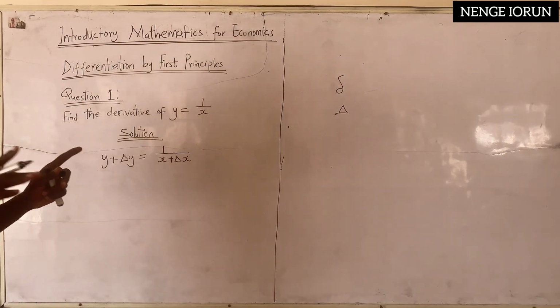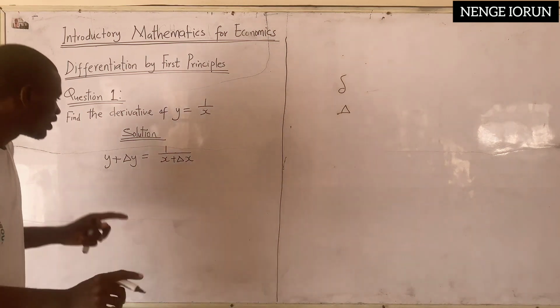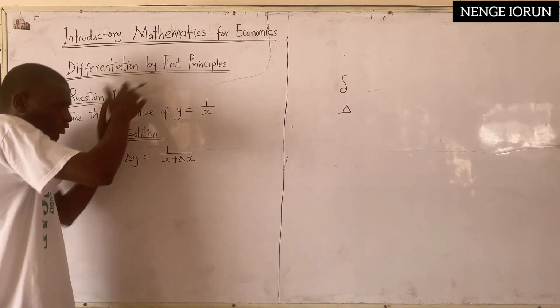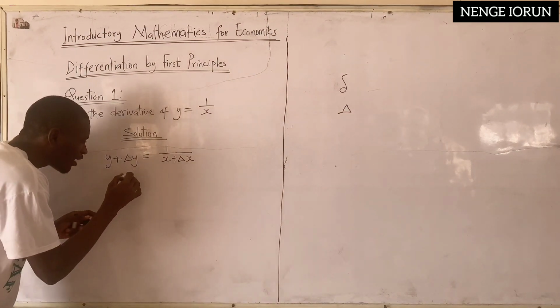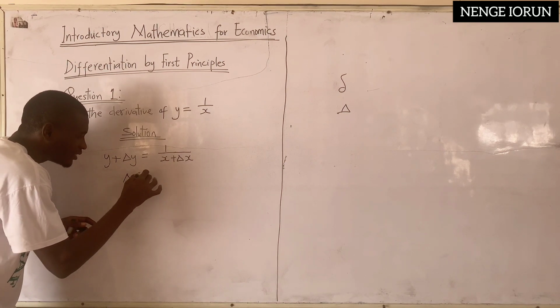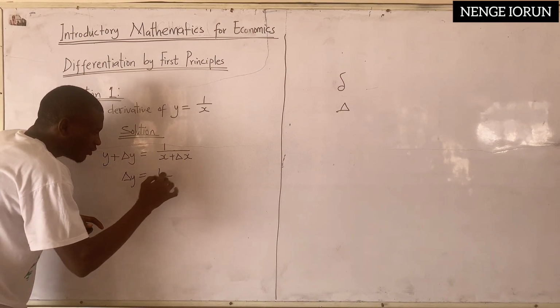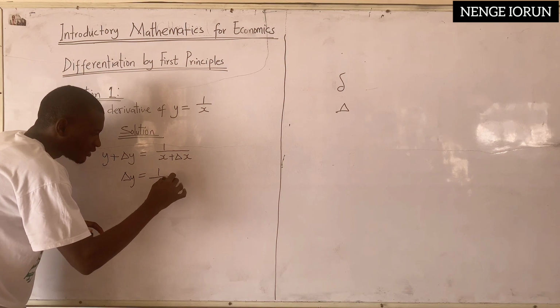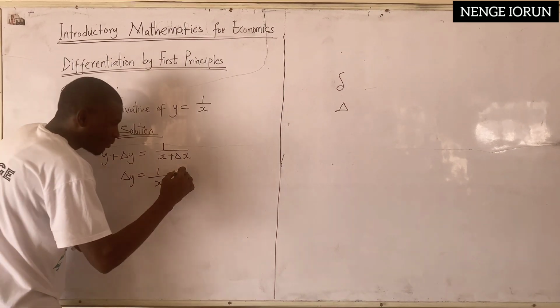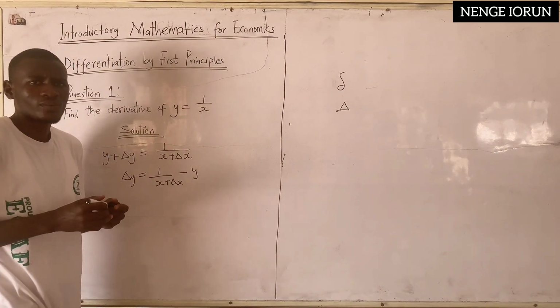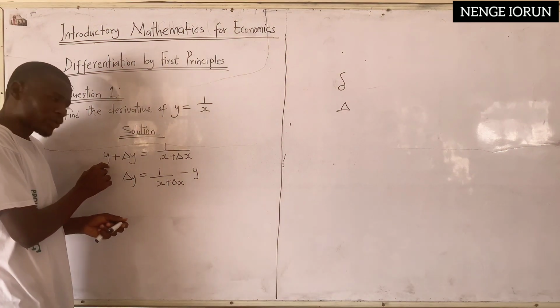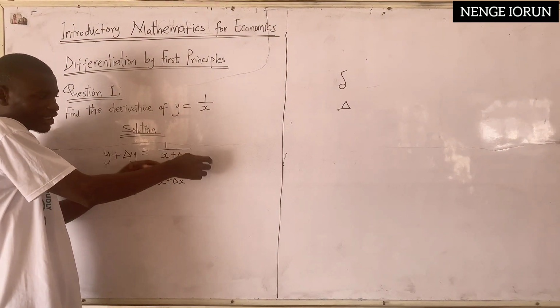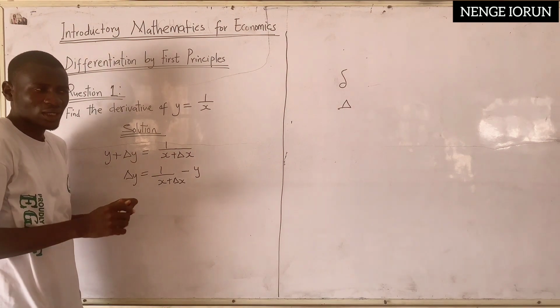That's the first step. Now the second step is you take y to the right hand side. So you have delta y is equal to 1 over x plus delta x minus y. Remember, y is positive. Crossing the equality sign, it will change to negative automatically.